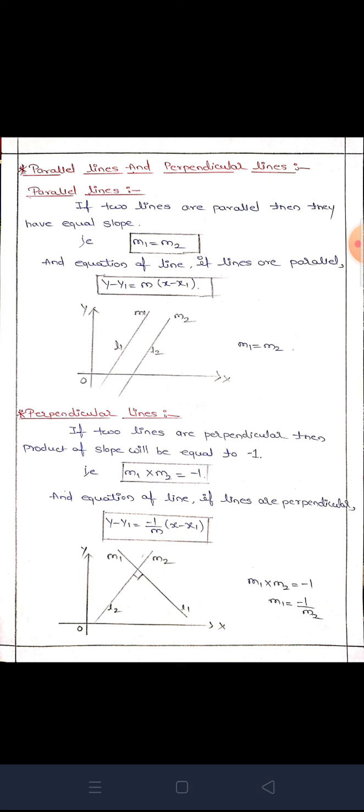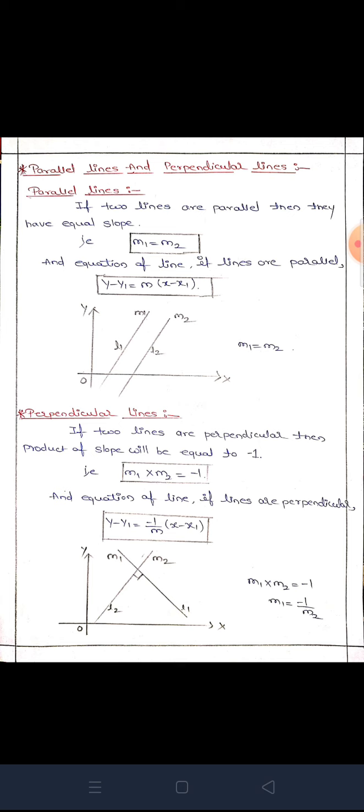Then for perpendicular lines, consider the graph with x and y axis. Consider L1 and L2, two lines which are perpendicular to each other, meaning they make a 90-degree angle. If m1 and m2 are the slopes of L1 and L2, then the product of these two slopes will be equal to minus 1.